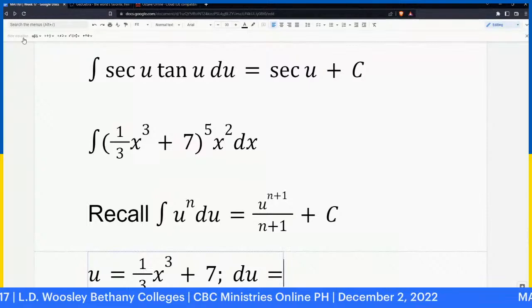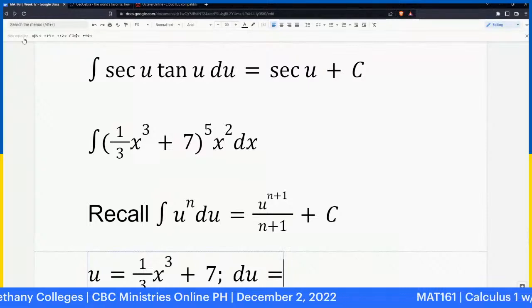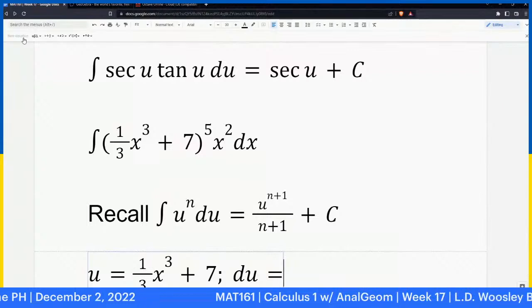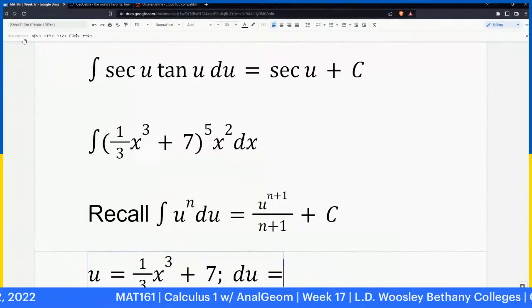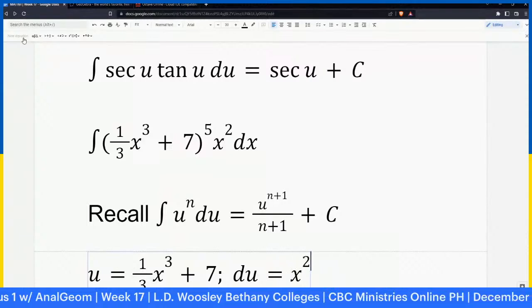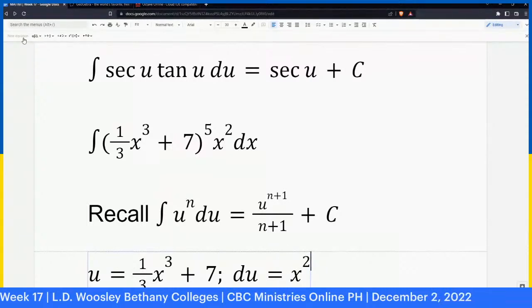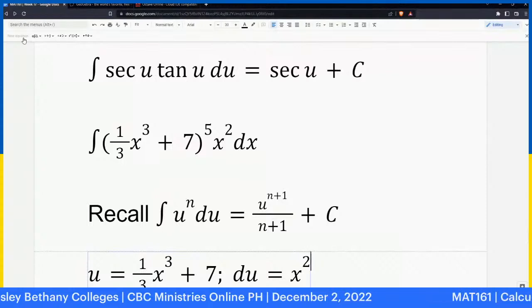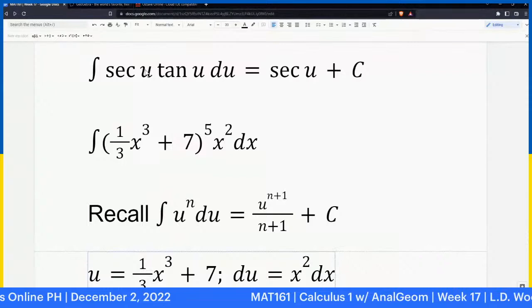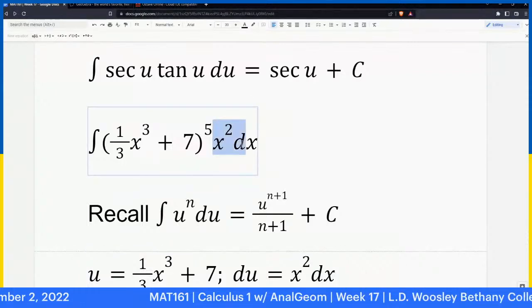X squared dx, sir. Okay, kasi nung binaba mo yung 3, cancel yung 3. Right? So, magiging x squared. X squared lang. X squared dx. Okay. So, sakto. Ito yung du mo.